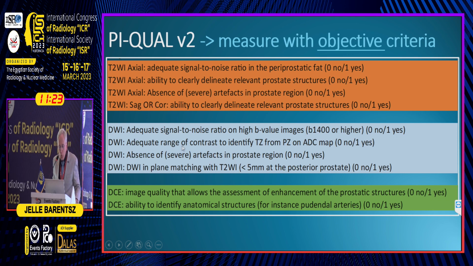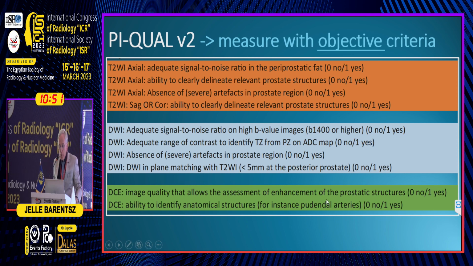For diffusion, we look at the adequate SNR on the high b-value images. So do you see a bright spot, yes or no? We look at the contrast in the ADC, whether we can discriminate the transition from the peripheral zone. We look at severe artifacts, and we look at susceptibility artifacts where we have a discrepancy in the size and shape of the prostate on T2 and diffusion.